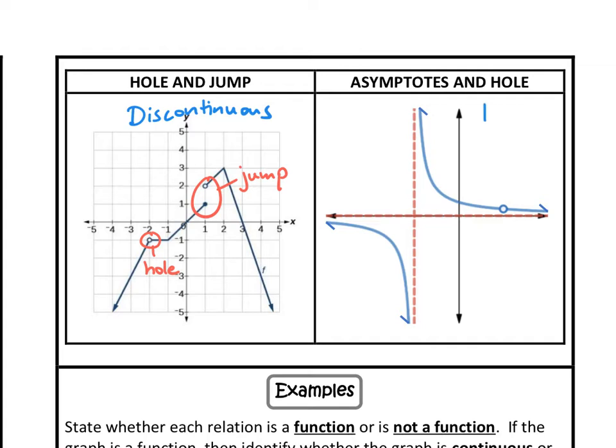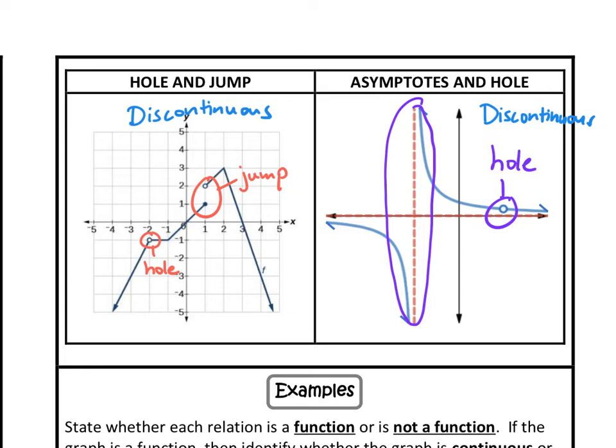The next graph on the right is also discontinuous. And let me use a different color since there's already red there. It's discontinuous because there's a hole here, and there's a boundary here that's causing the graph to break up into two pieces.